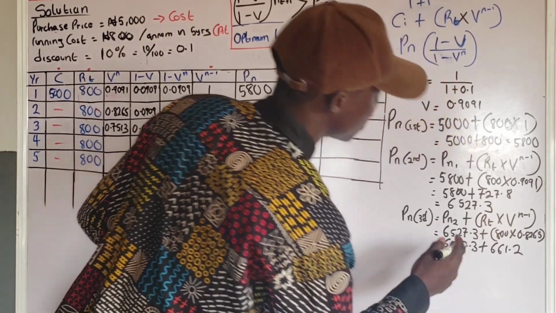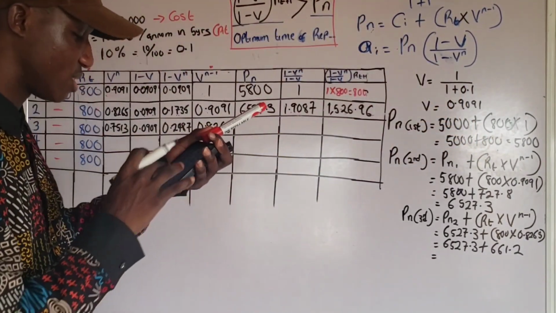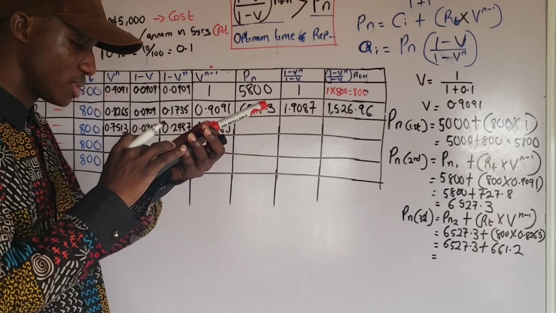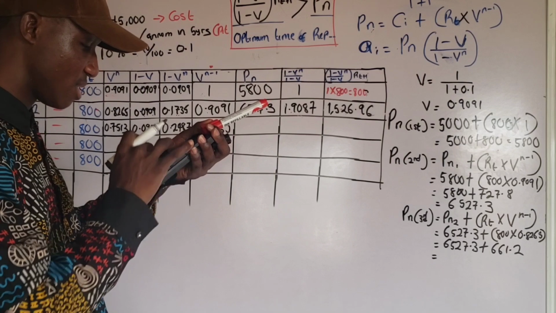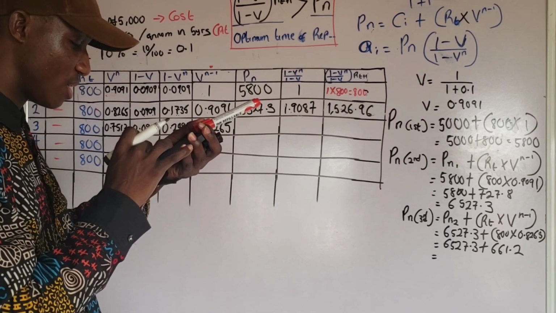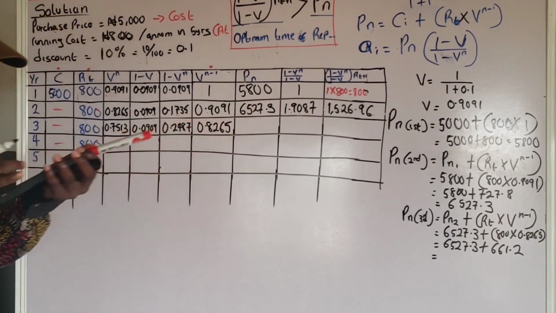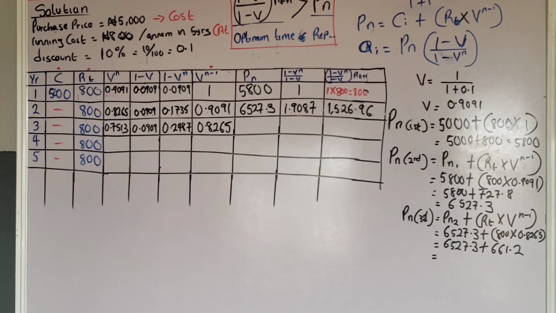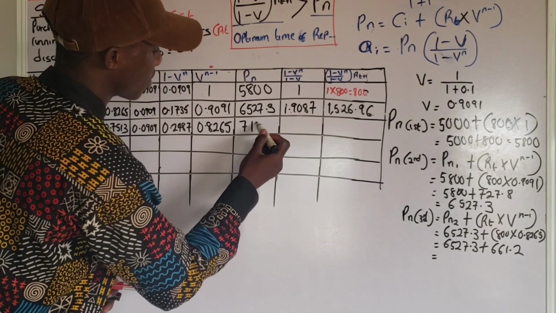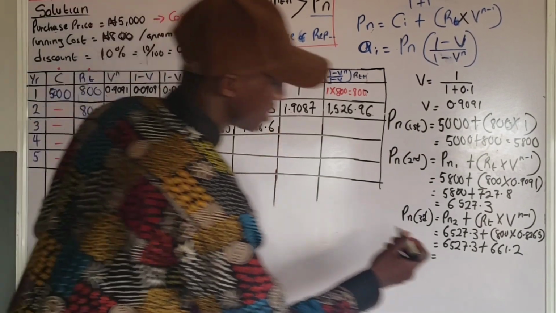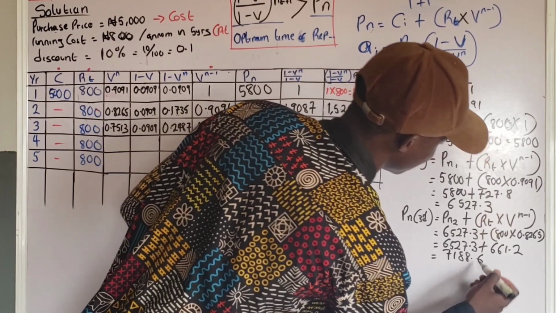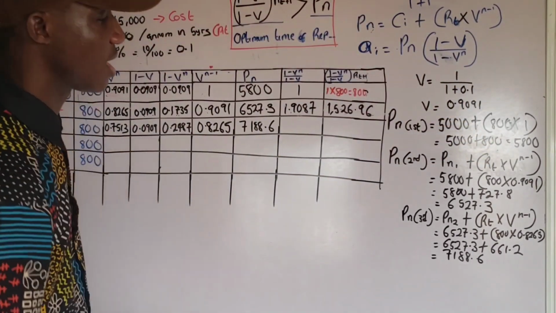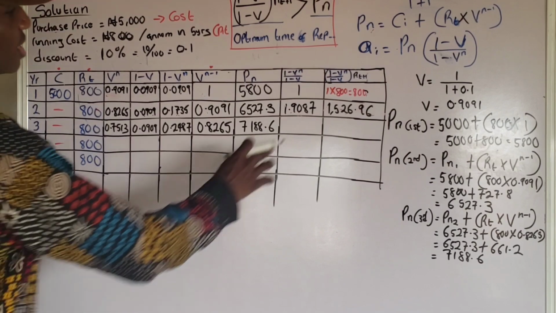Now 6527.3 plus 661.2 will give us 7,188.6. Okay, so now let us proceed to the next value.